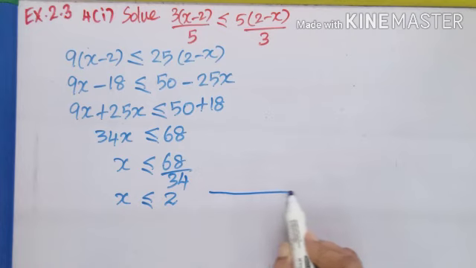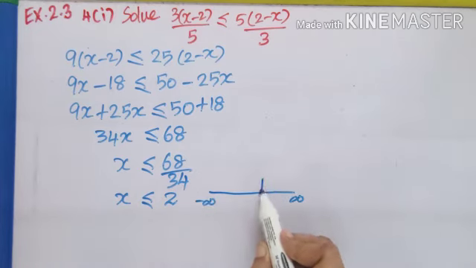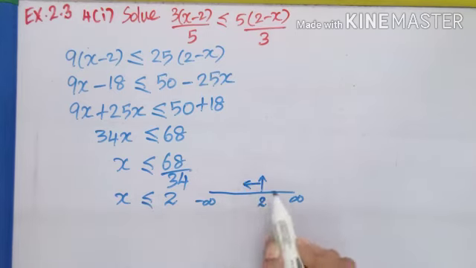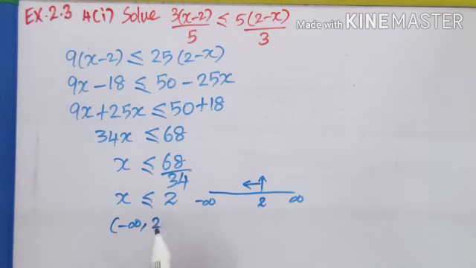If this is the number line, minus infinity to plus infinity, and I have 2. My question is less than or equal to. Less means left side. So what is my interval? Minus infinity to 2. The equal symbol means closed interval. So we write x belongs to the interval minus infinity to 2.